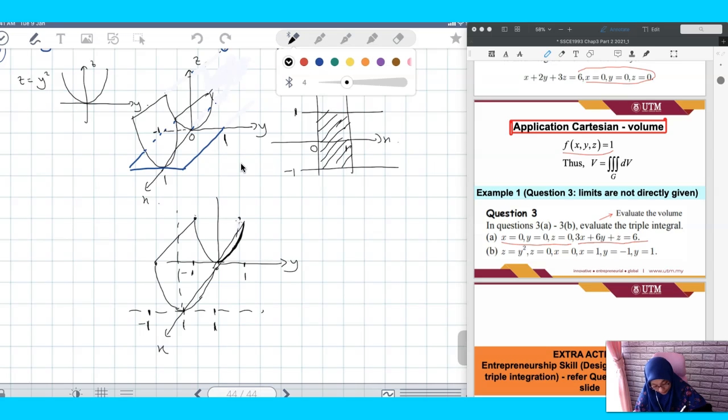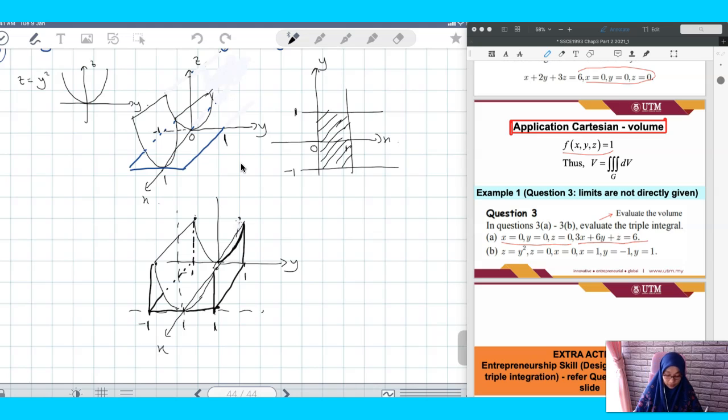Then your lower bound, okay, so again, what does our solid actually look like? So the solid is bounded by z equal to y squared.